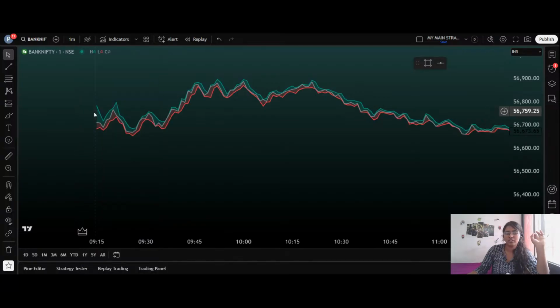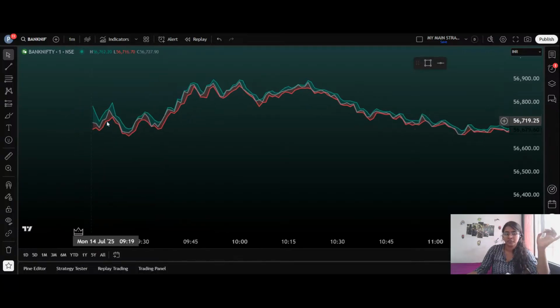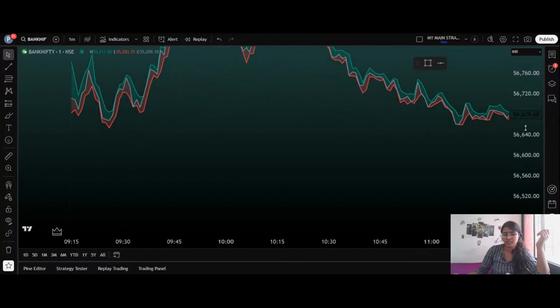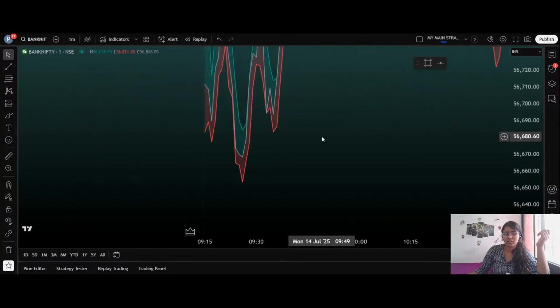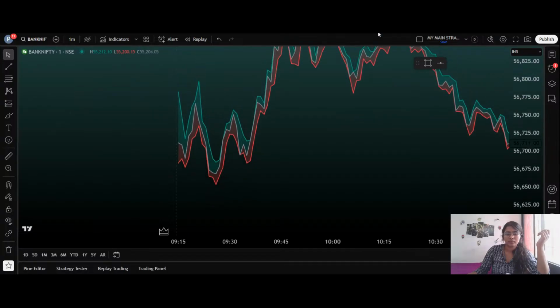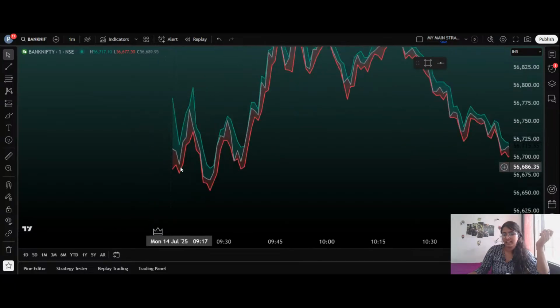But in the HLC area chart, we see only high, low, and close, not open. So here we are seeing three lines. We'll zoom in and see this. Here the three lines are very visible.